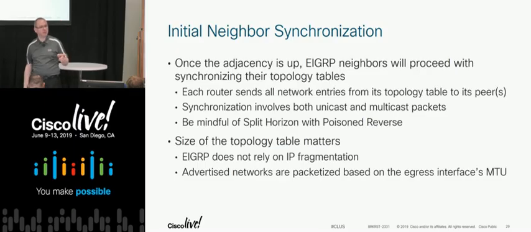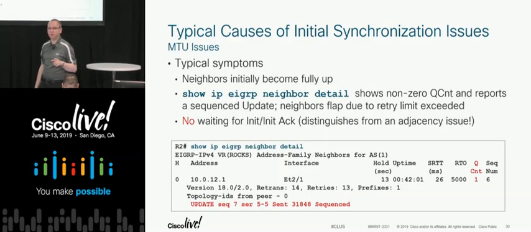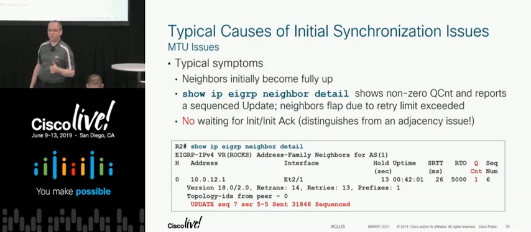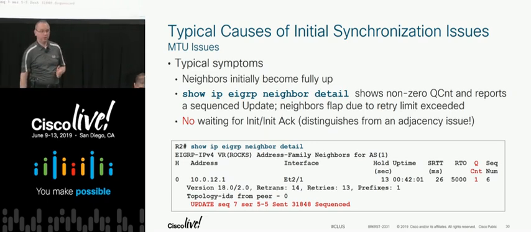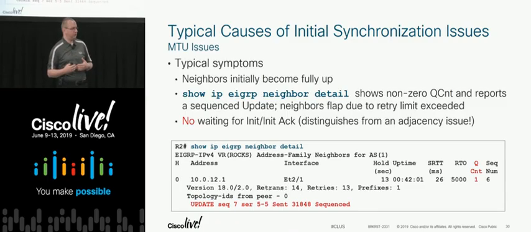And this immediately leads us to the major number one root cause for troubles in the initial synchronization problems: MTU issues. If you have a different MTU than your neighbor and you have lots and lots of networks to exchange, you may face a problem in that you can fit them all into a large packet, but that large packet, if your neighbor has a smaller MTU, will not be accepted as valid.